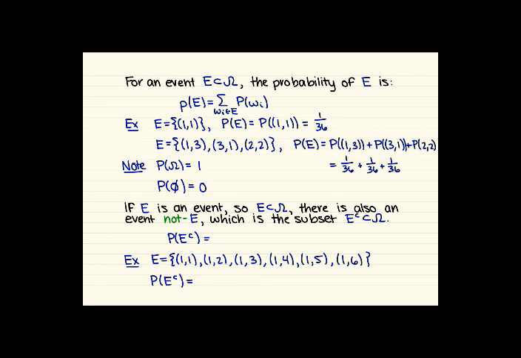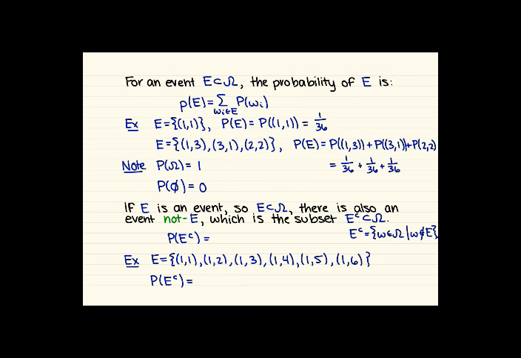If E is an event, there is also a related event that's not E, so that's the set theoretic complement E^C contained in omega. So here E^C equals the set of outcomes in omega which are not in E. We take outcomes, not events.